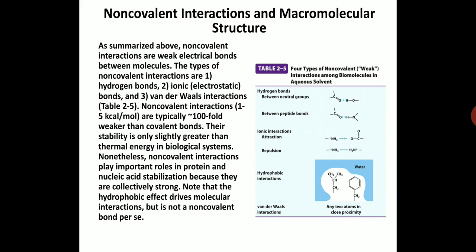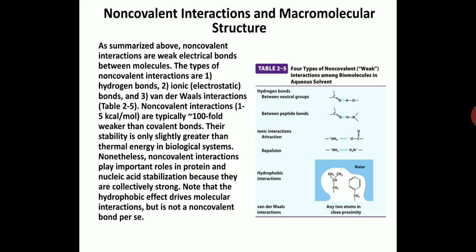Now, non-covalent interactions of macromolecular structure. As summarized above, the non-covalent interactions are weak electrical bonds between molecules. The types of non-covalent interactions are number 1, hydrogen bonds, number 2, ionic, that is electrostatic bonds, and number 3, van der Waals interactions. The non-covalent interactions, that is 1 to 5 kilocalories per mole, are typically 100-fold weaker than the covalent bonds.